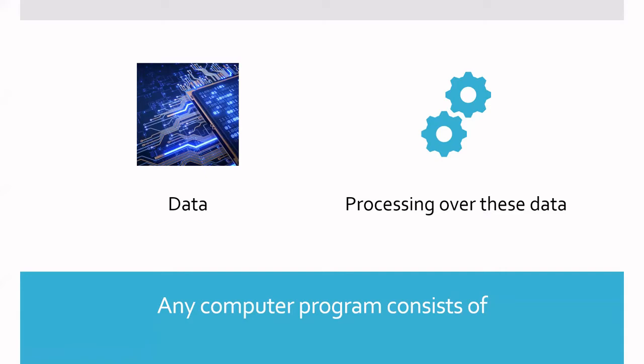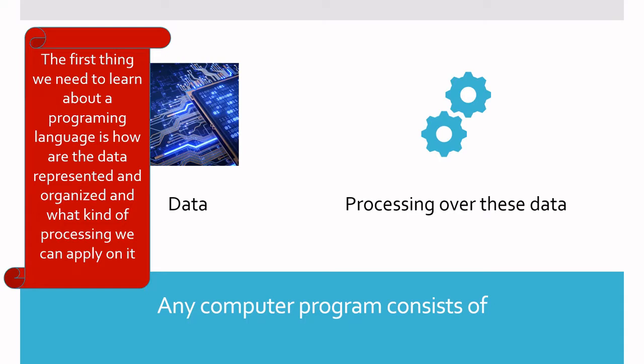No matter how complicated it is, even if it's an AI algorithm, it boils down to data and some processing happening on this data. So the first thing you need to know when you learn a new language is what the data ranges are, how the data is represented in this language, and what kind of operations we can apply on this data.